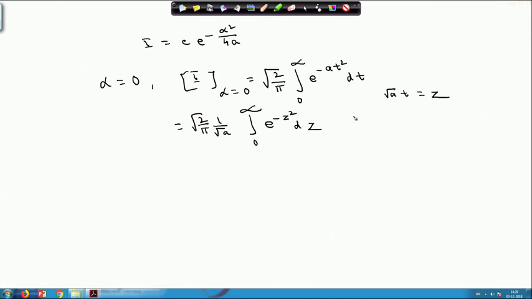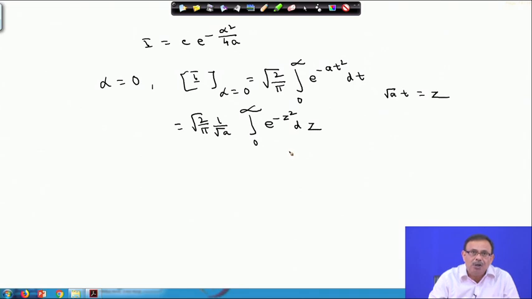So, this was my actual aim, since I know that the value of the given integral 0 to infinity e power minus z square dz is root pi by 2, which we know very well. So, I am just using that one. I am converting the given integral in this form, so that I can put this value.